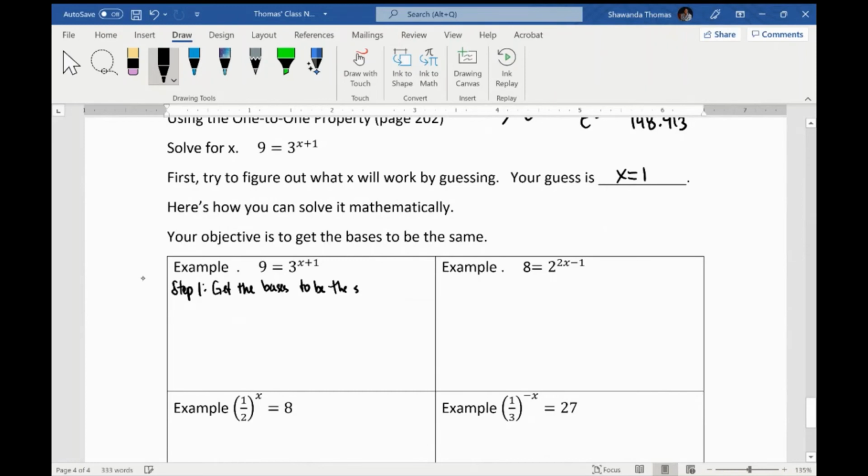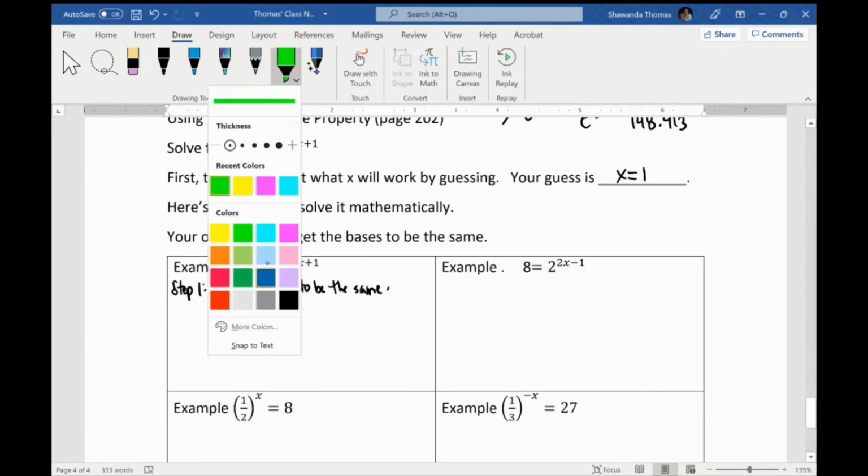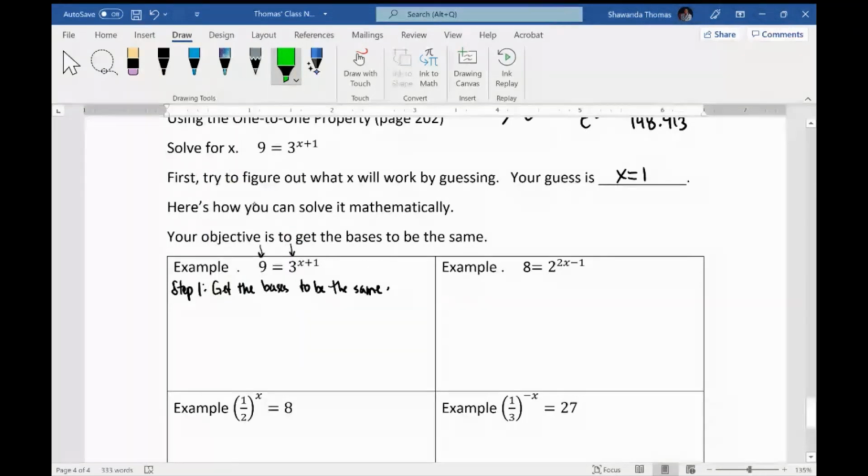All right. So the bases here, we have a 9 and we have a 3. We want both of those numbers to be the same number. Can't I make 9 3 to something? How can I change 9? 3 to the what power? 3 to the second power.